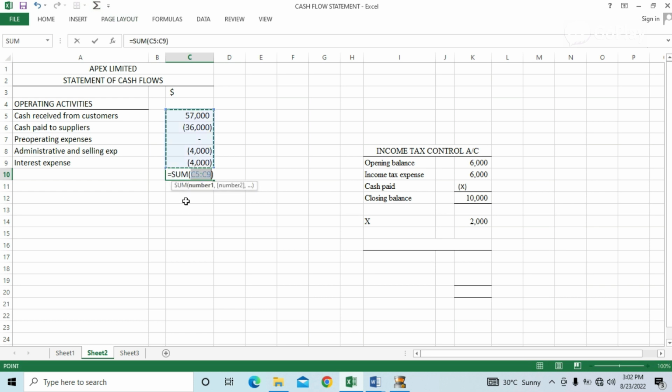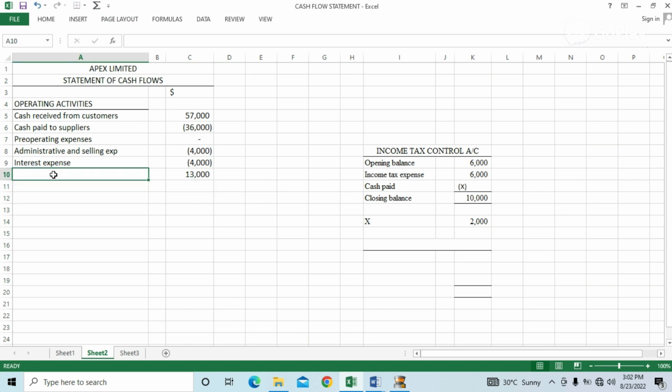The total is 13,000. So that's the net flow from operating before we add income tax expense. So I'll have my net flow from operating activities.